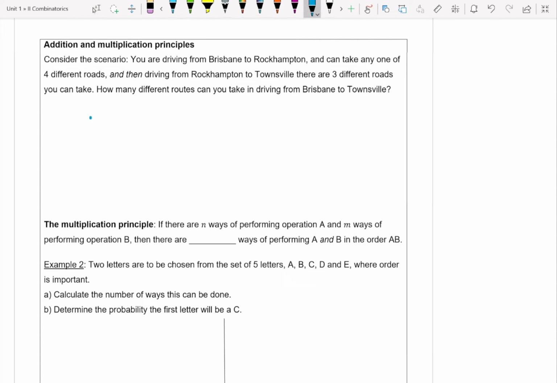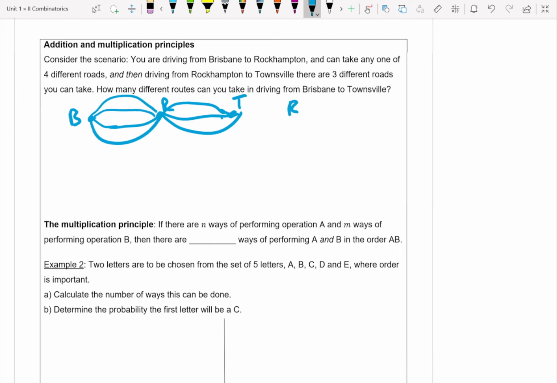So we can represent this as an image. Here are our 3 nodes, and we can take 4 different paths: 1, 2, 3, 4, from Brisbane to Rockhampton, and then 3 different paths from Rockhampton to Townsville. So we could list all of these possible outcomes.